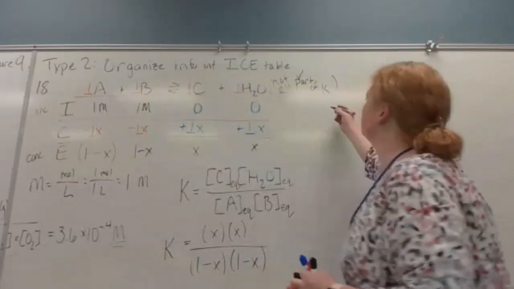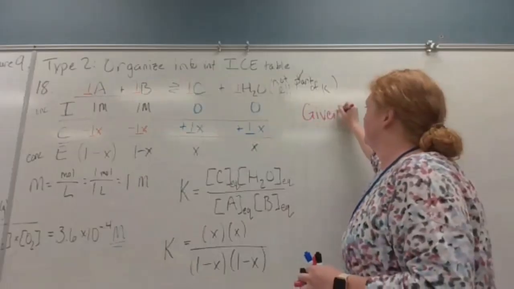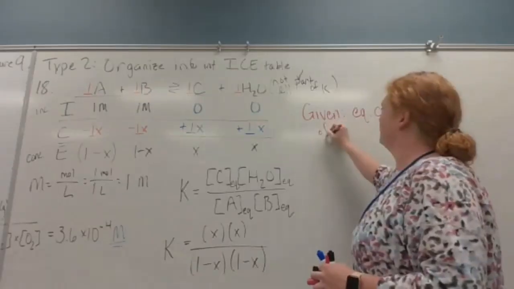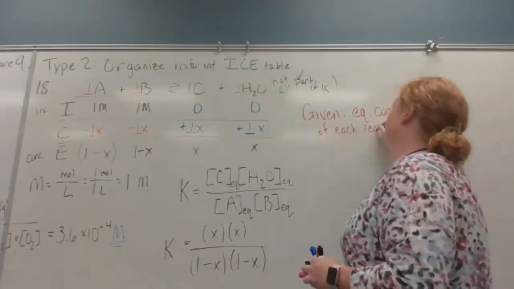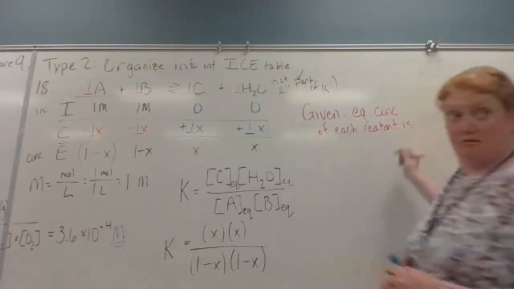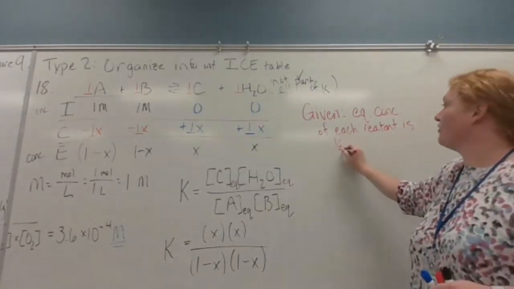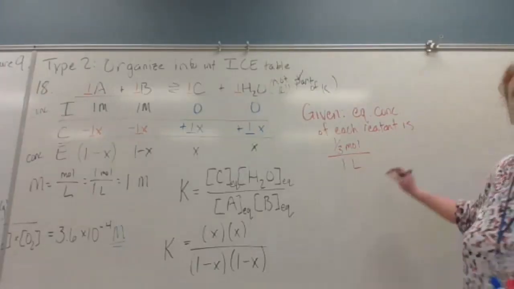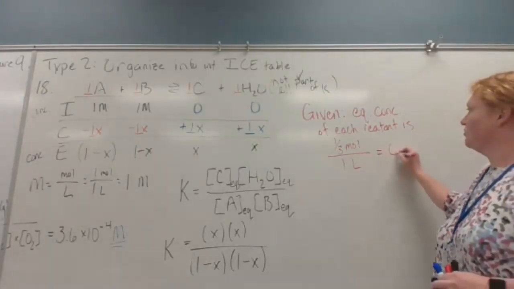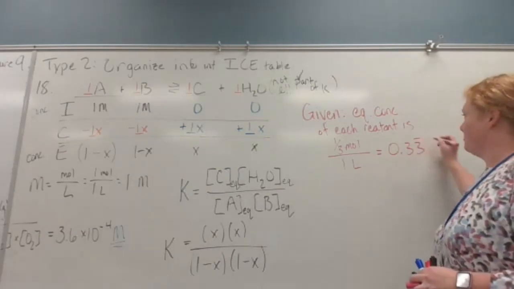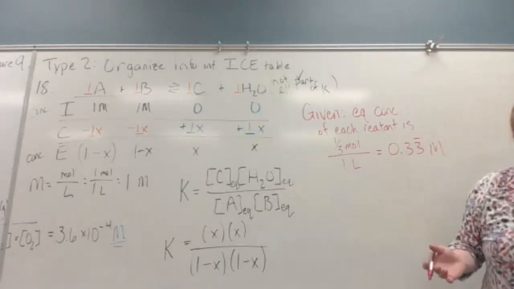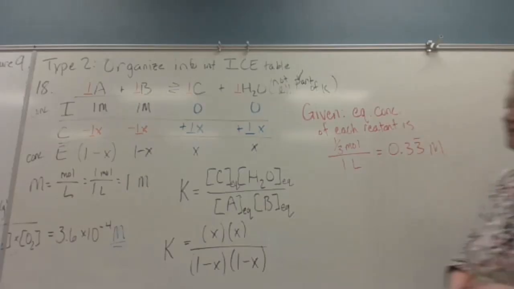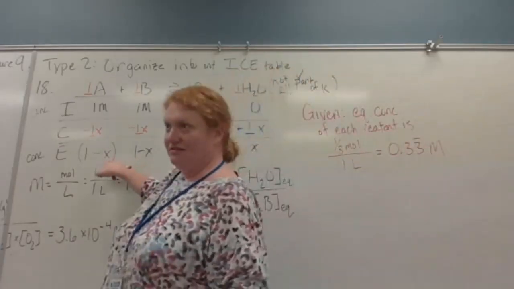What was I told the equilibrium concentration of? Each reactant at equilibrium is what? A third of a mole in 1 liter, isn't it? What's that molarity? 0.33 repeating molar, right? That is the equilibrium concentration. Does that mean I can solve for what X is now?